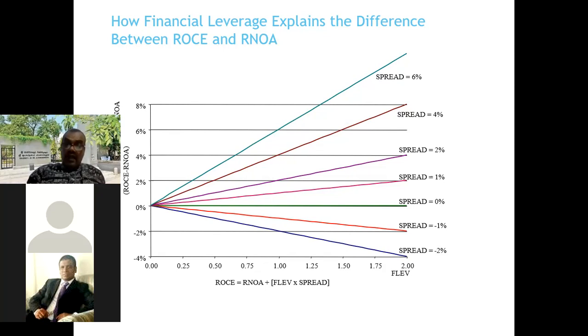In the same way, when the spread becomes negative, the impact is multiplied in the same way. If the spread is -2 and you go for financial leverage of 2, 2 into 2 means 4. Therefore the difference is 4. That means even though your operating assets generate something, 4% has to be sacrificed because of your wrong financial management.